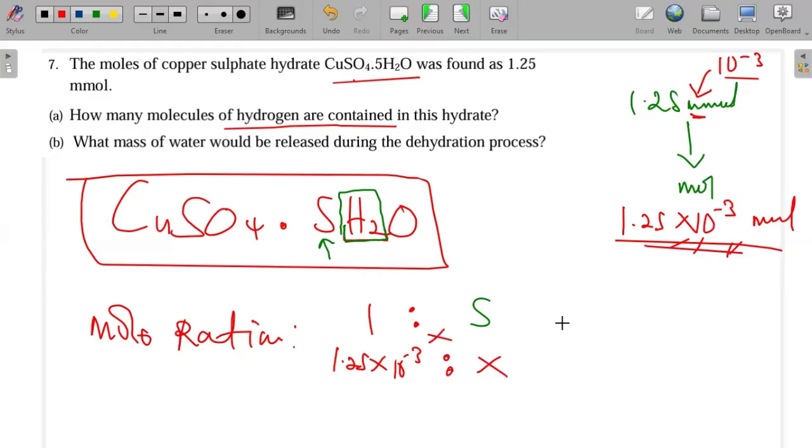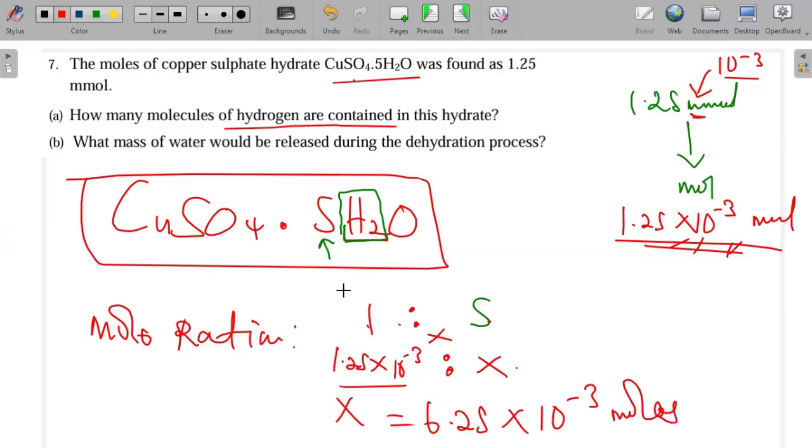So cross multiply: 1 multiplied by x, I get x is equal to this multiplied by 5. So what am I going to get? It will be 5 multiplied by 1.25, that will be 6.25 times 10 to the power minus 3, and this will just be moles, because this was the mole ratio.